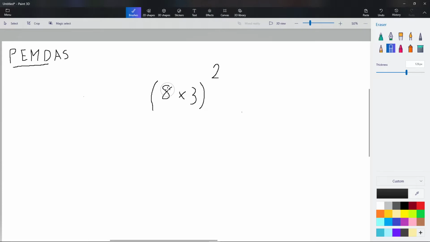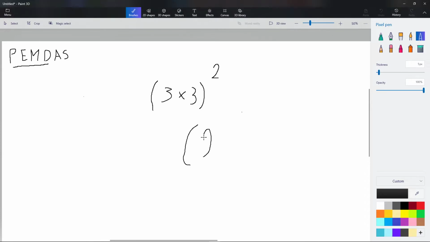Let's change this into something we do know for right now, so we can make this a lot faster and efficient. 3 times 3. Alright, so let's start with parentheses. The first thing we need to do is solve whatever is in parentheses, which means we need to move on to, again, PEMDAS. Do we see any parentheses within the parentheses? No. Do we see any exponents within the parentheses? No. Do we see multiplication within the parentheses? Yes, there's a multiplication symbol right there. And all we need to do is do that together.